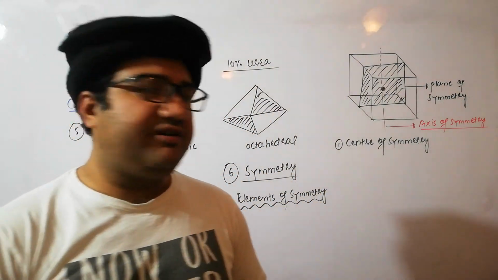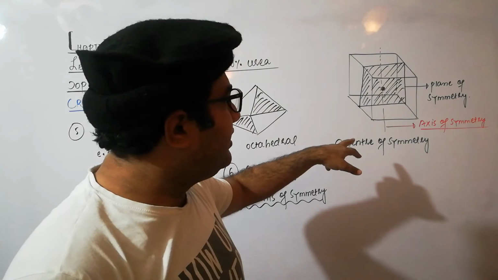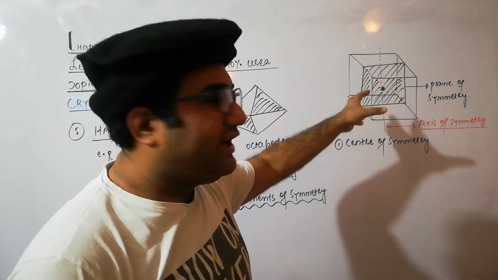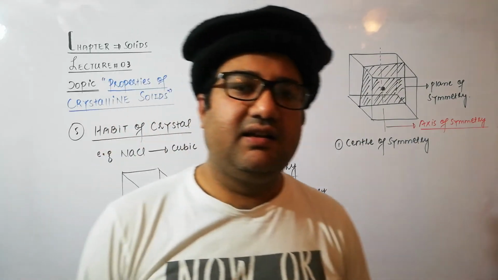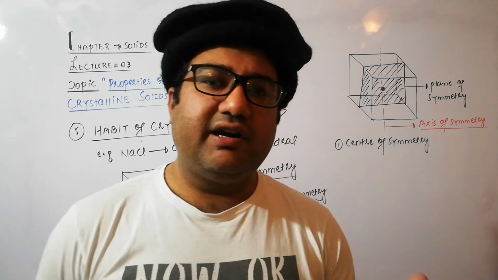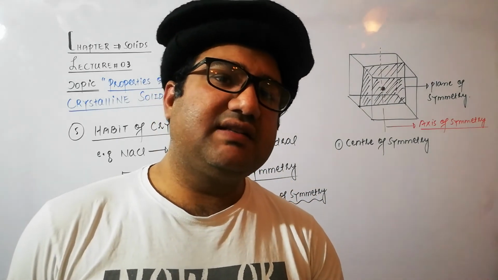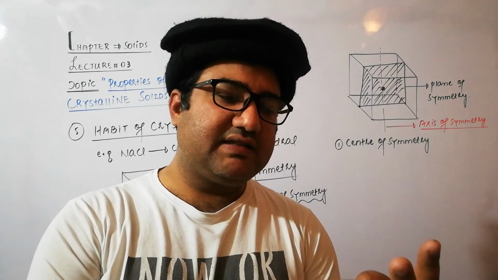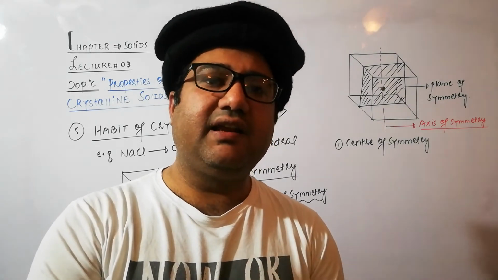So what are the elements of symmetry? The center of symmetry about which a crystal is rotated, the axis that passes through this center, and the plane of symmetry. These are called the elements of symmetry. And some books write that the angle of symmetry is also included. So there will be four: center of symmetry, axis of symmetry, plane of symmetry, and angle of symmetry.